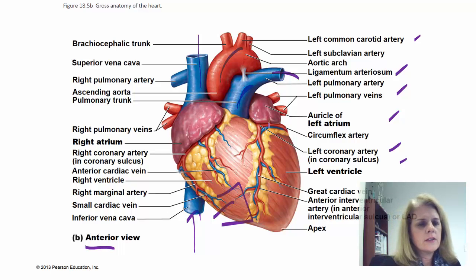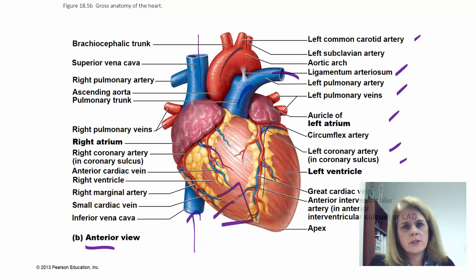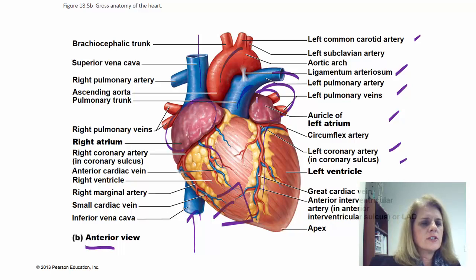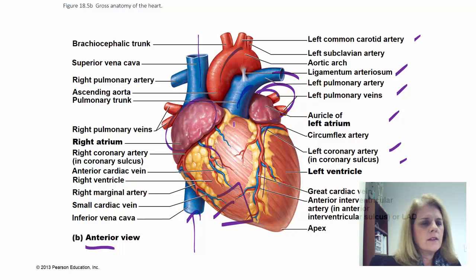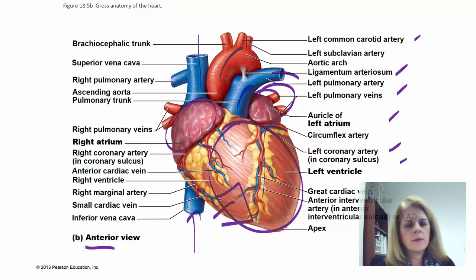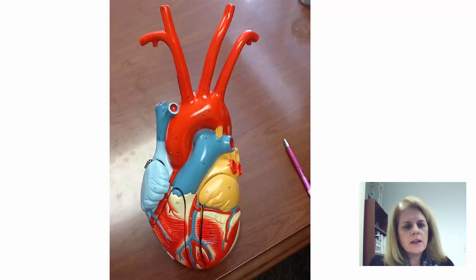You're also seeing the coronary vessels, and these are the vessels that are the blood supply to the heart. You're able to see these are the receiving chambers, so the auricles that make up part of the atria. And then this large area here is going to be the pumping part of the heart, the ventricles, a left and right ventricle. So let's identify these structures on a model, because you'll see this on the actual exam.